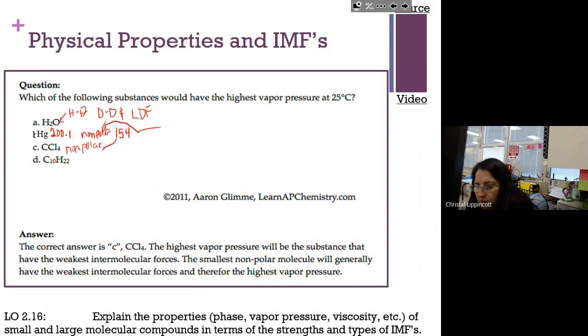This is the 154 here. So this is going to be more polarizable. And then this guy is going to be 142. He's going to be nonpolar as well.